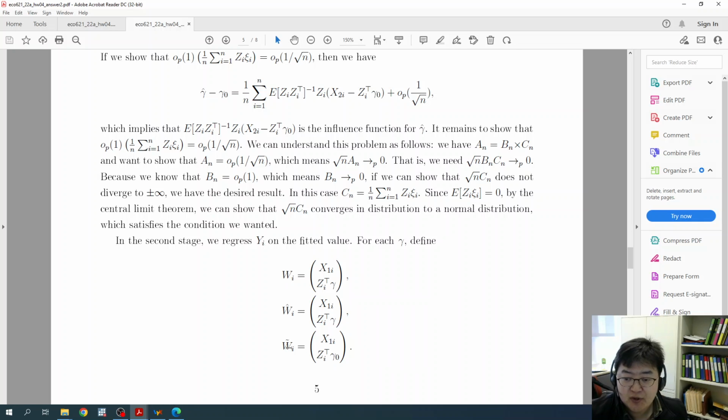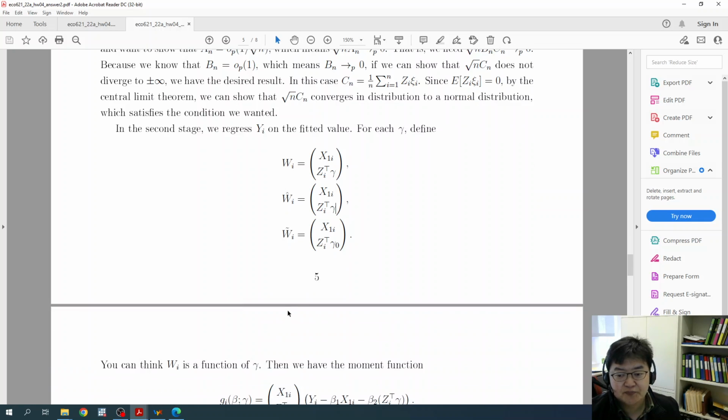It's a typo. And W tilde is for the true value of gamma. So if you know the true value of gamma, you don't need to estimate the first stage, but you may simply utilize W tilde. But of course, in our actual implementation, we have to use W hat.